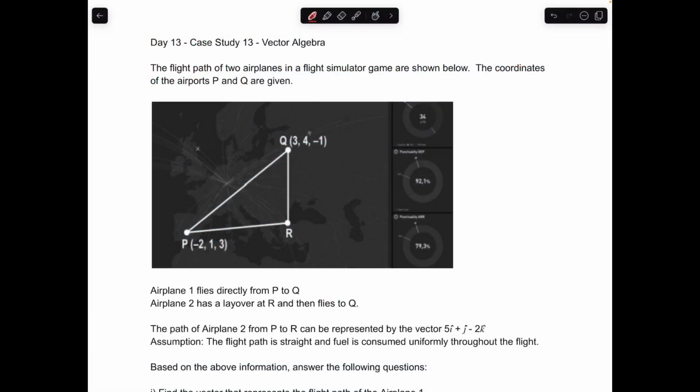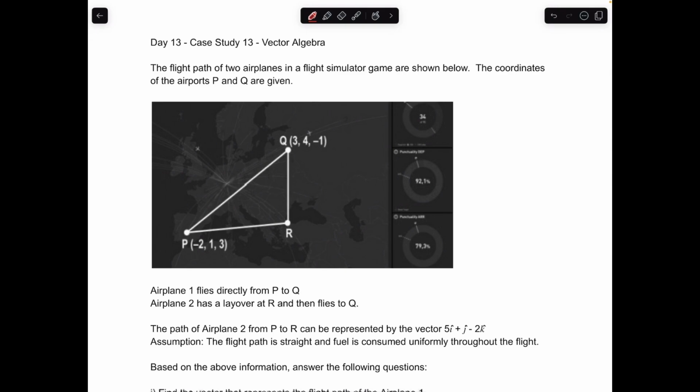Today's question goes like this. The flight paths of two airplanes in a flight simulator game are shown below. The coordinates of the airports P and Q are given.